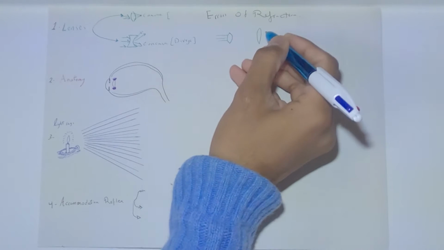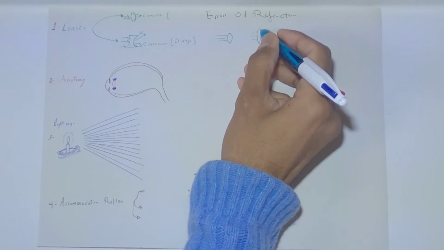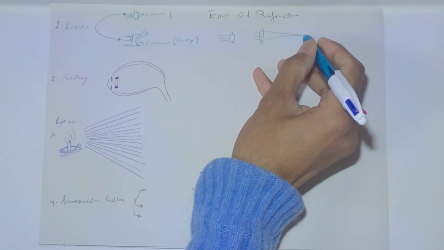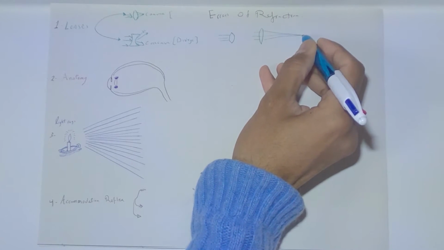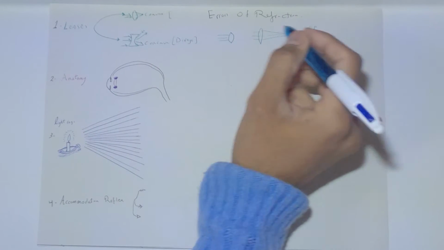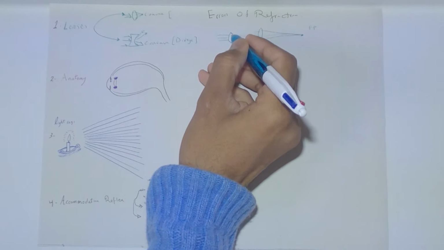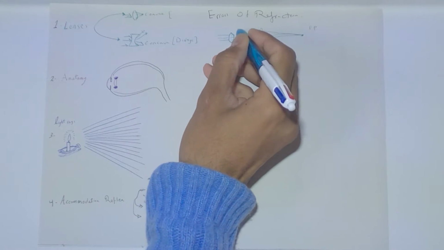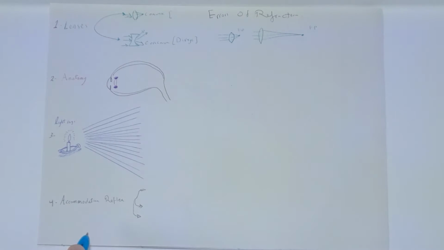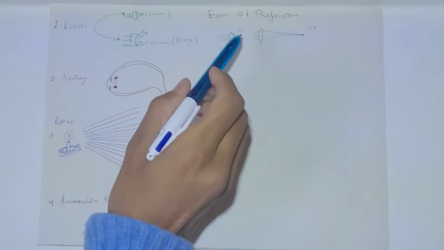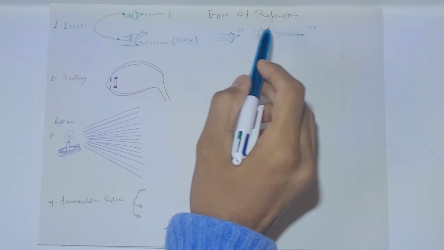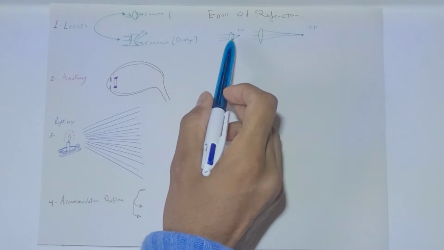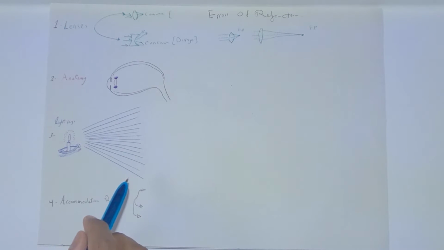So if we put the same rays of light, this will focus it far. This is called FP, focal point. But this, because the curvature is more, it will focus it nearer. Okay? So that's an important thing, to know the different types of lenses and what they do and how you would know if one is stronger than the other one.